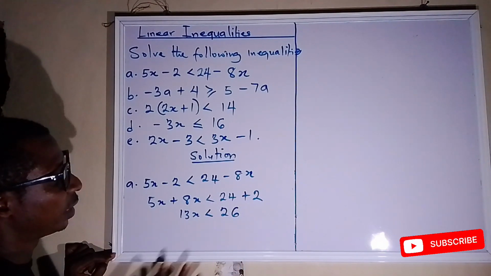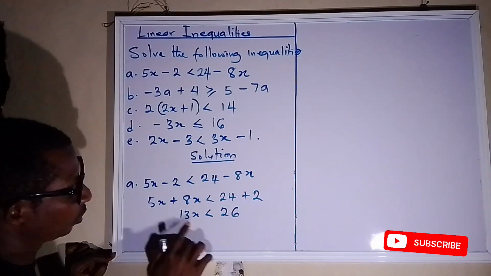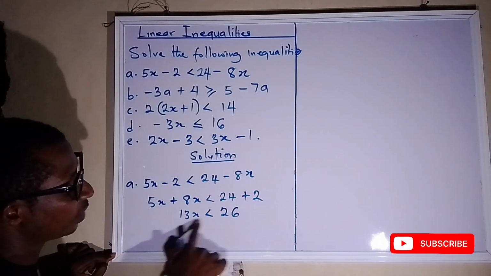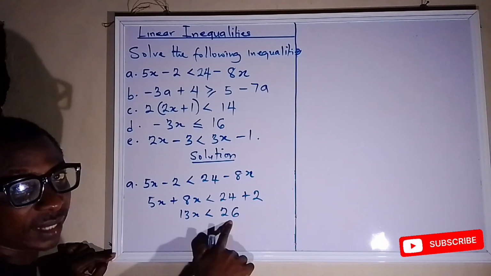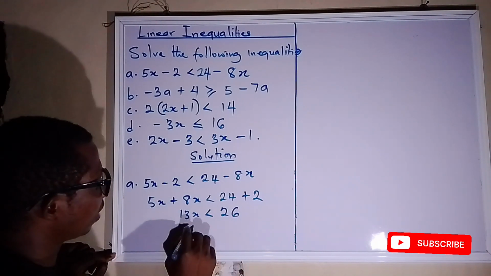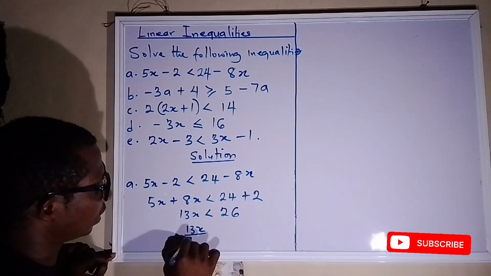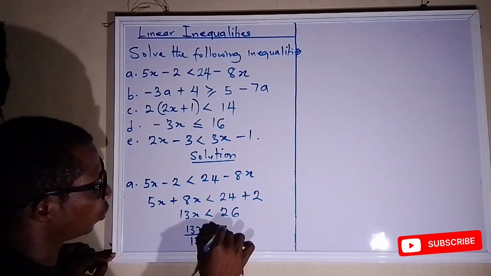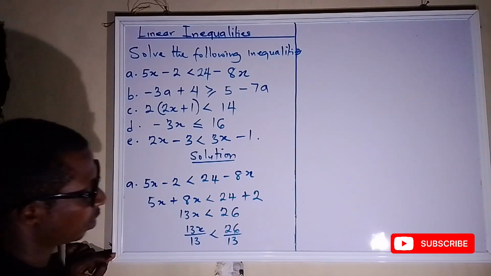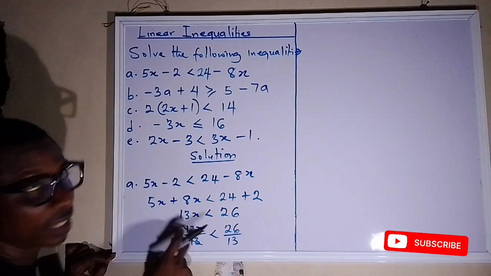Alright, so now our objective is to make x stand alone here. So you divide both sides of the inequality by 13, the coefficient of x. So we have 13x over 13 less than 26 over 13. 13 will cancel 13, so what you are left with here is x.